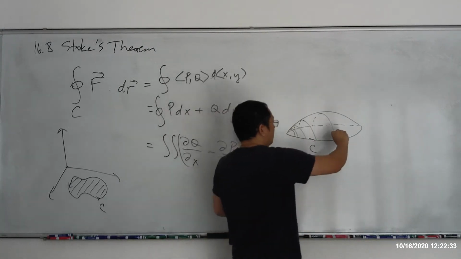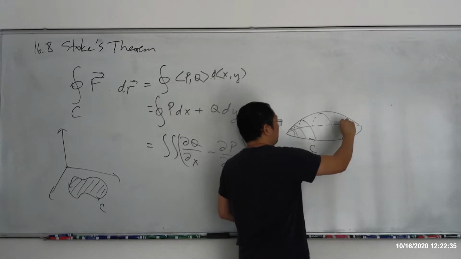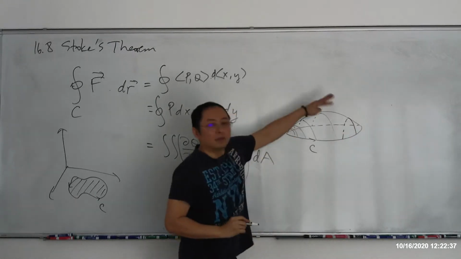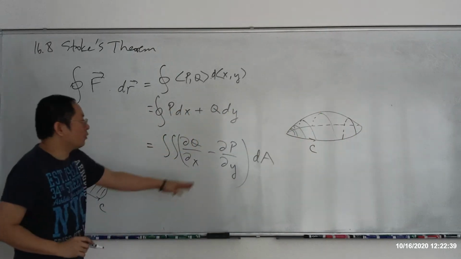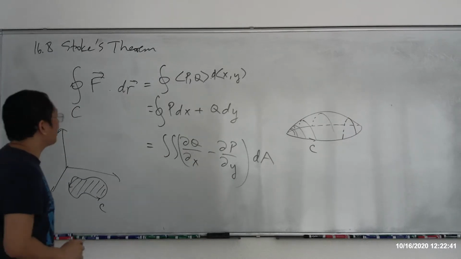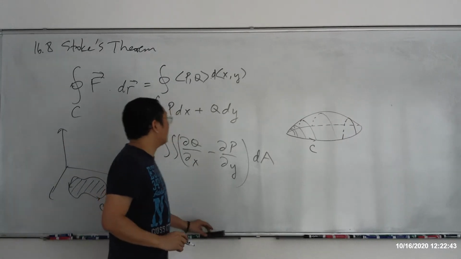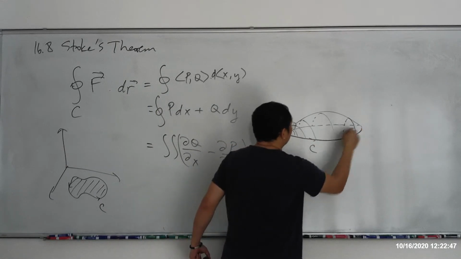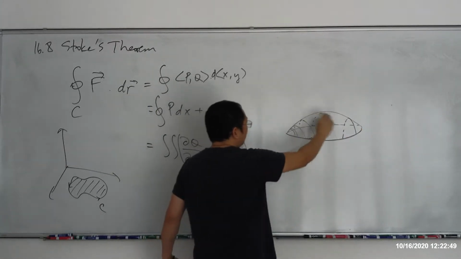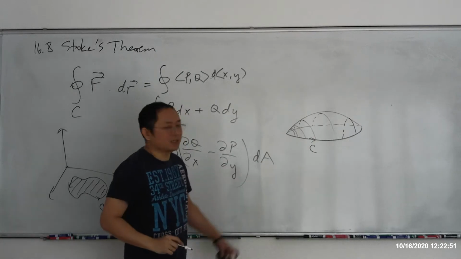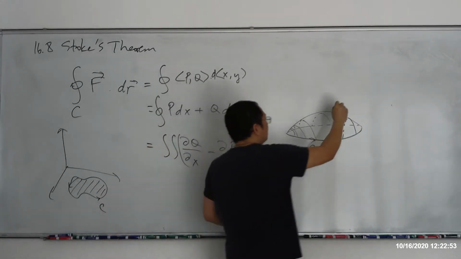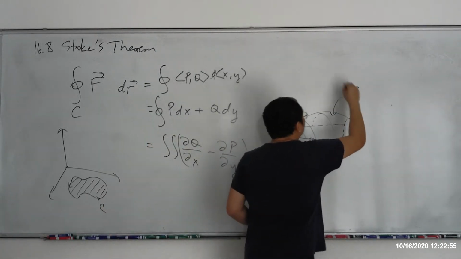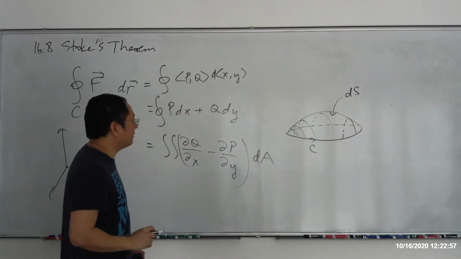It may not be flat anymore, and the formula still works. From integrating along that closed curve C, we can integrate over the surface. The area we don't call A anymore, but this region we call dS, and we just learned it last time.